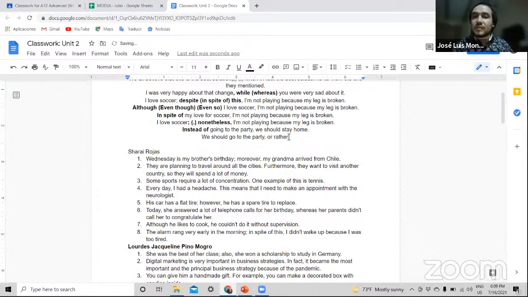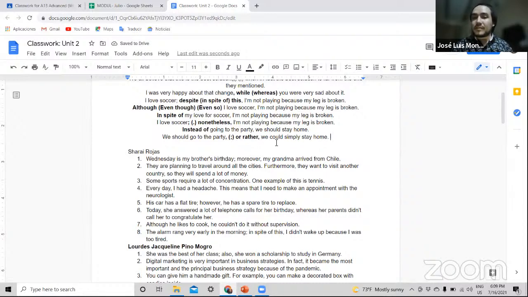As we're using a second comma, you have two options here. You can also use a semicolon so that it's not repeated too often. So we should go to the party, comma or semicolon, or rather we could, simply stay home, and that's it. So here we have possible punctuation rules for or rather, because it's being used as a fanboy.